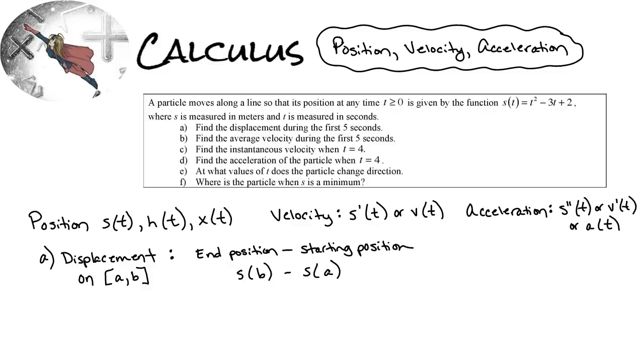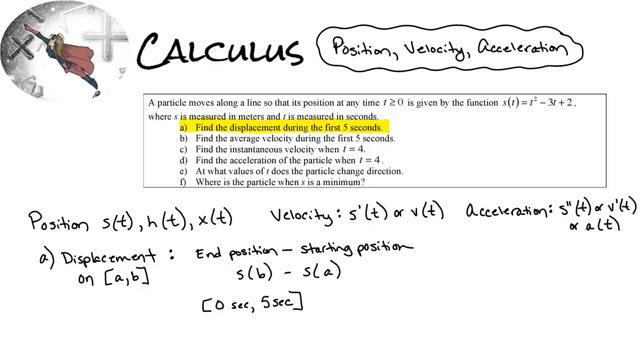Now, in this problem, it says, find the displacement during the first 5 seconds. Well, the first 5 seconds means it's the interval from 0 seconds through 5 seconds. So 5 is the ending time, and 0 is the beginning time. So the ending position would be plugging 5 in to the s of t.